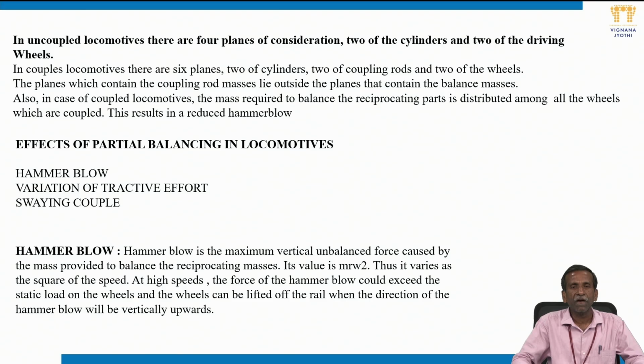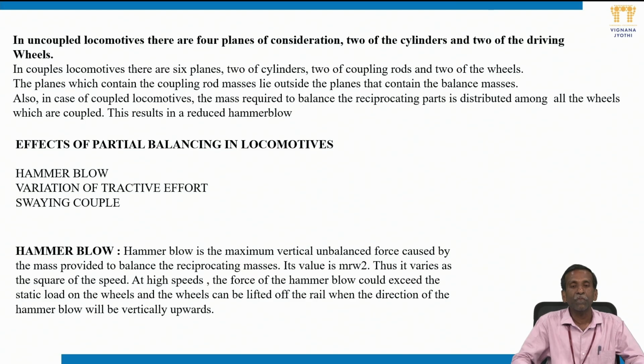As we know the effects of partial balancing of reciprocating masses, in case of locomotives also, these three phenomena exist. In case of partial balancing, some unbalanced forces remain. These effects are hammer blow, variation of tractive effort, and swaying couple. Hammer blow is the maximum vertical unbalanced force, the force which is perpendicular to the line of stroke, caused by the mass provided to balance the reciprocating masses.